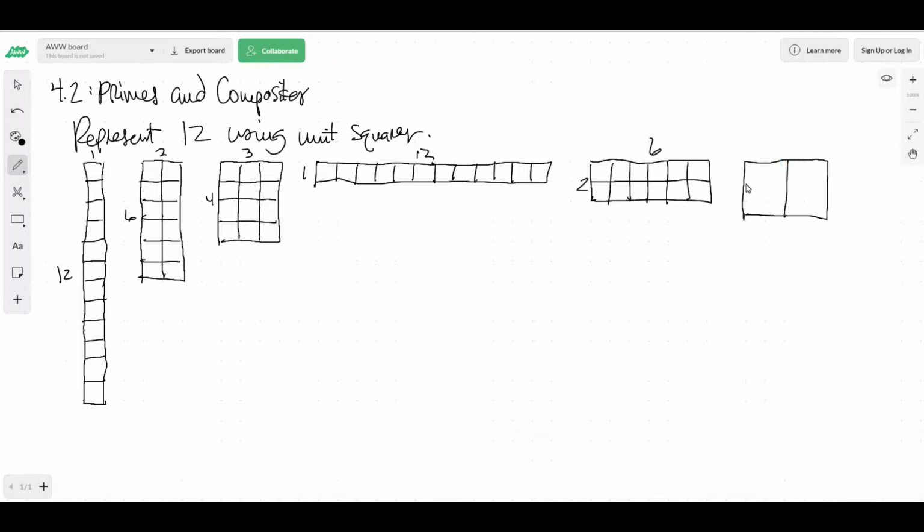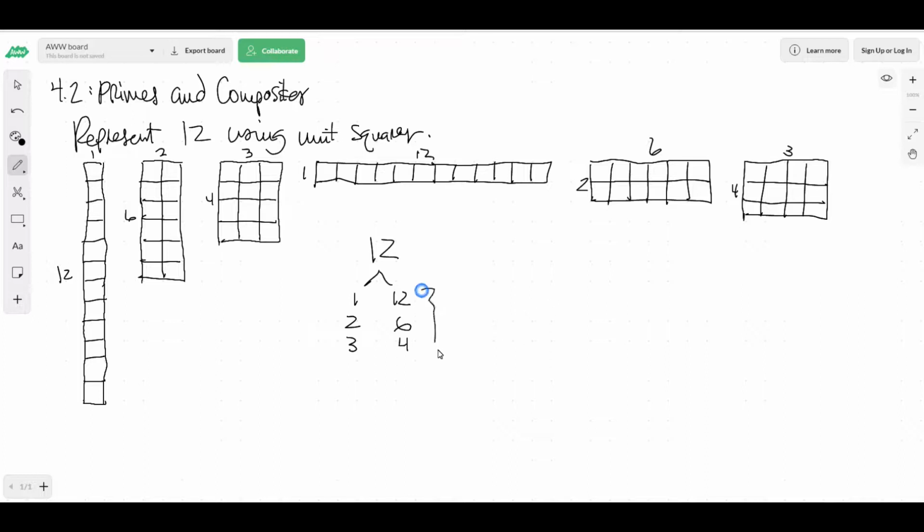But the fact of the matter remains, my rectangle has only shifted. It isn't a new rectangle. But my number pairs are the same as well. So I have represented 12 using 1 times 12, 2 times 6, and 3 times 4. I have broken this down into its divisors.